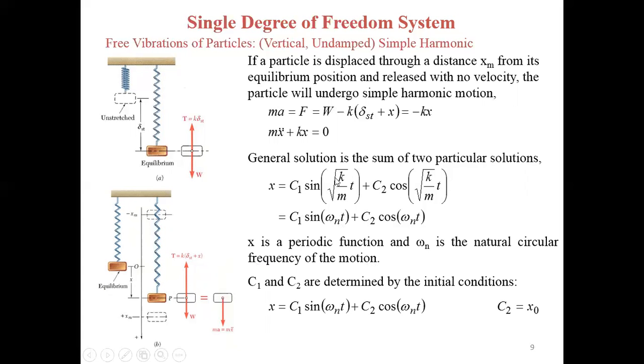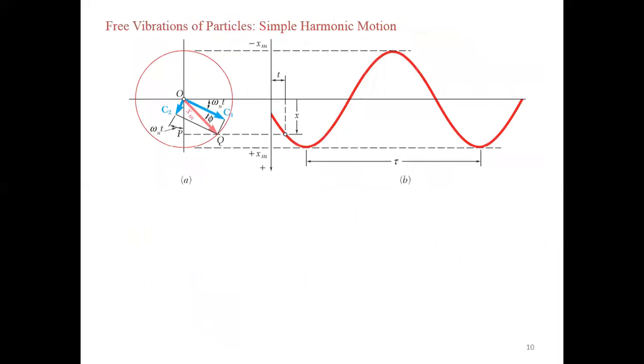So x is equal to c1 sine omega n t plus c2 cos omega n t, where c2 is x0. So velocity x dot is equal to c1 omega n cos omega n t minus c2 omega n sine omega n t, where c1 is equal to v0 by omega n.